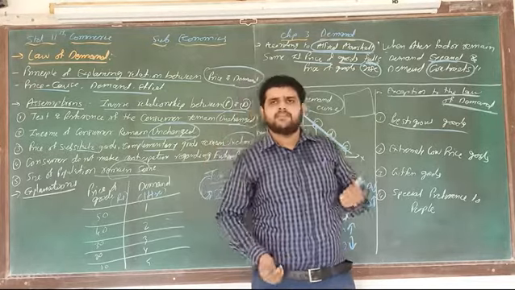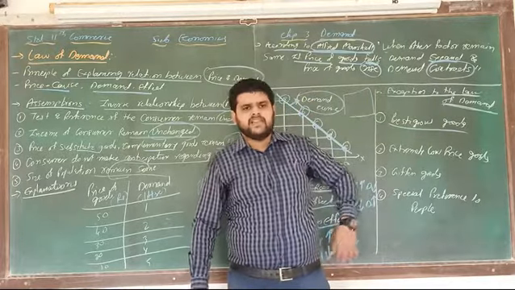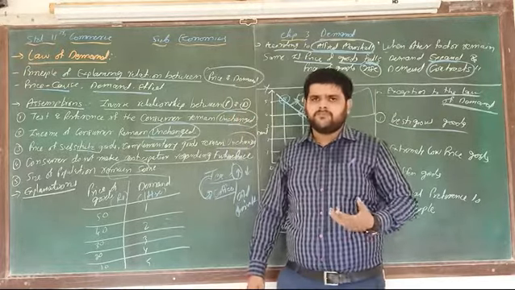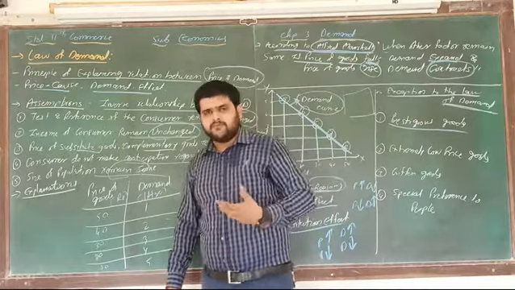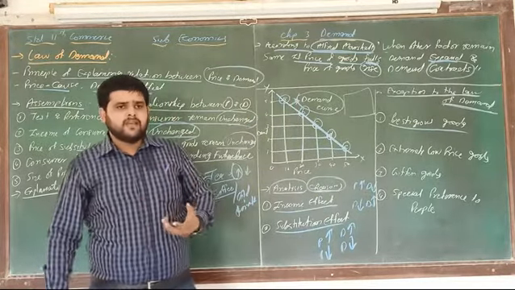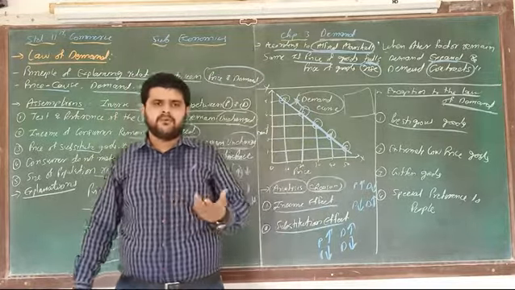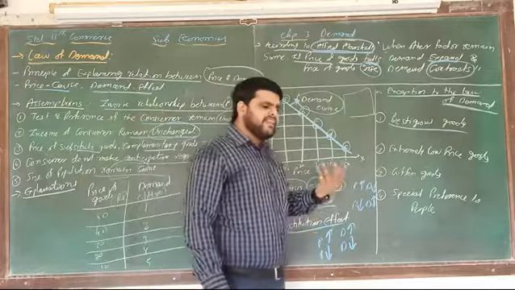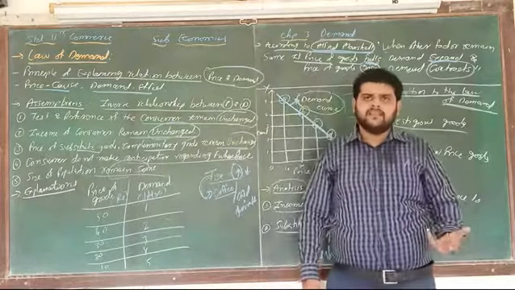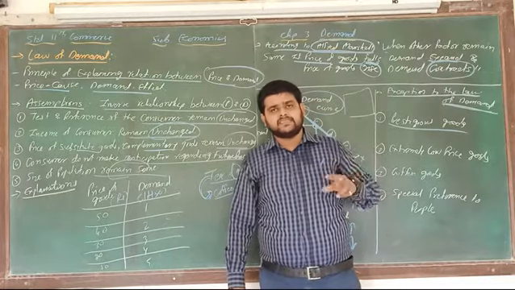For example, the price of gold. As we know, in marriage season, many people purchase gold from gold shopkeepers, whether price increases or decreases. For example, three years ago the price of gold was 25,000 per 10 grams, but now it is 55,000. So the price has almost doubled.